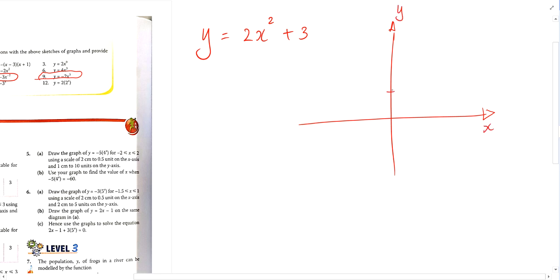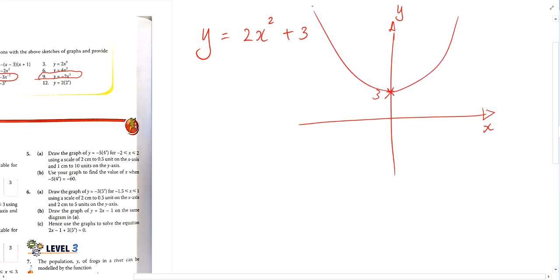Okay. What is the line of symmetry? X equals 0, and that is where our minimum point is found.